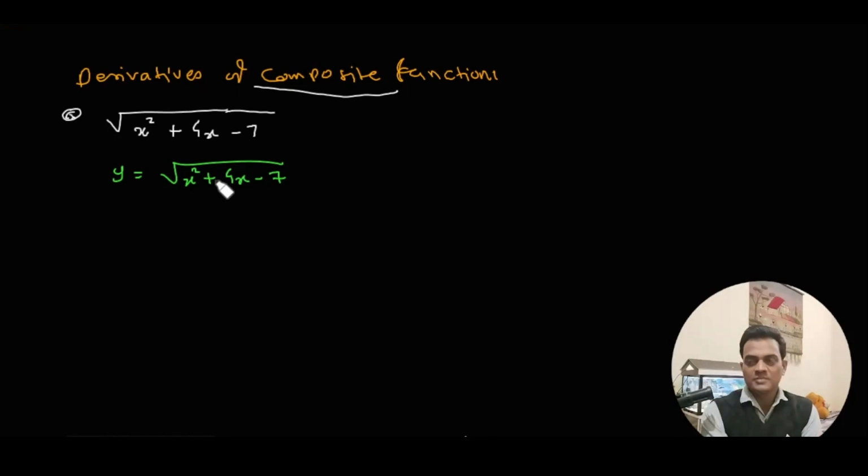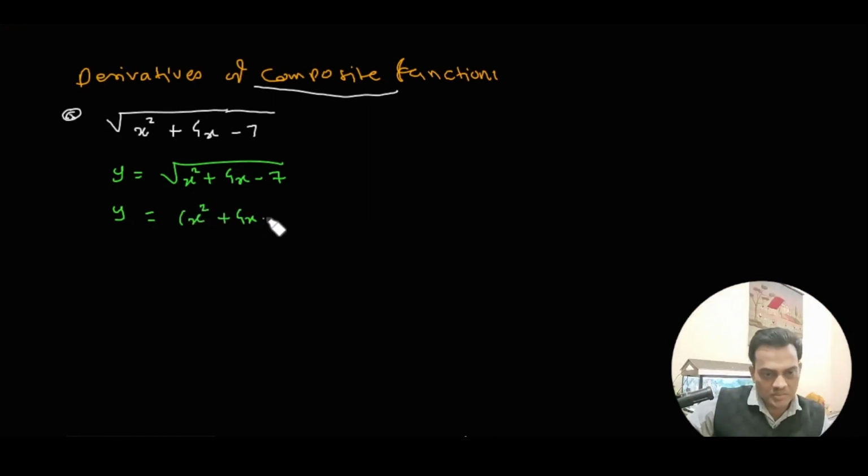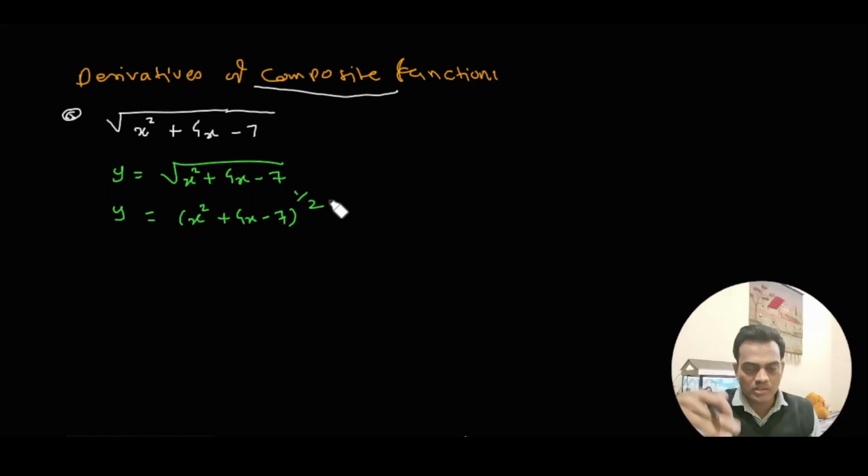So how to solve this problem? First of all, we arrange y as the quadratic x square plus 4x minus 7, raised to 1 by 2. Either write it as a square root or raised to 1 by 2, one and the same. So it looks like the x raised to n formula.